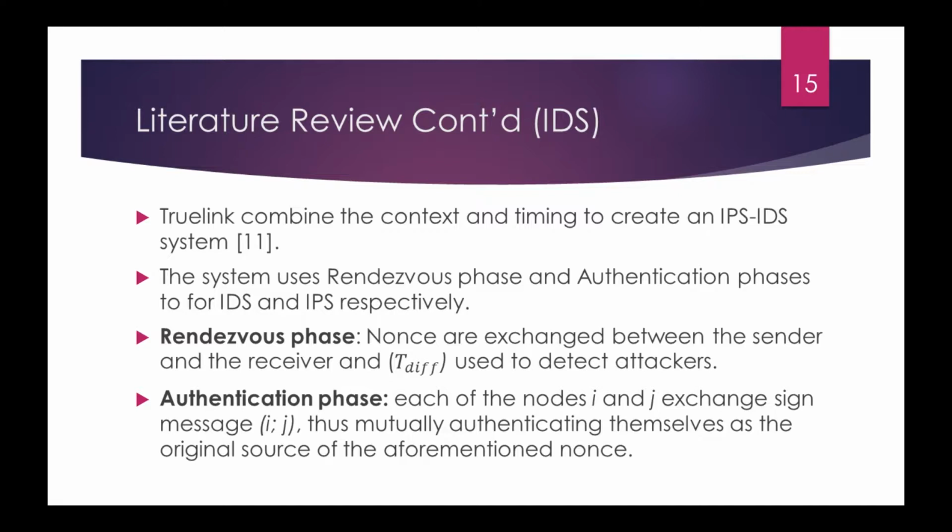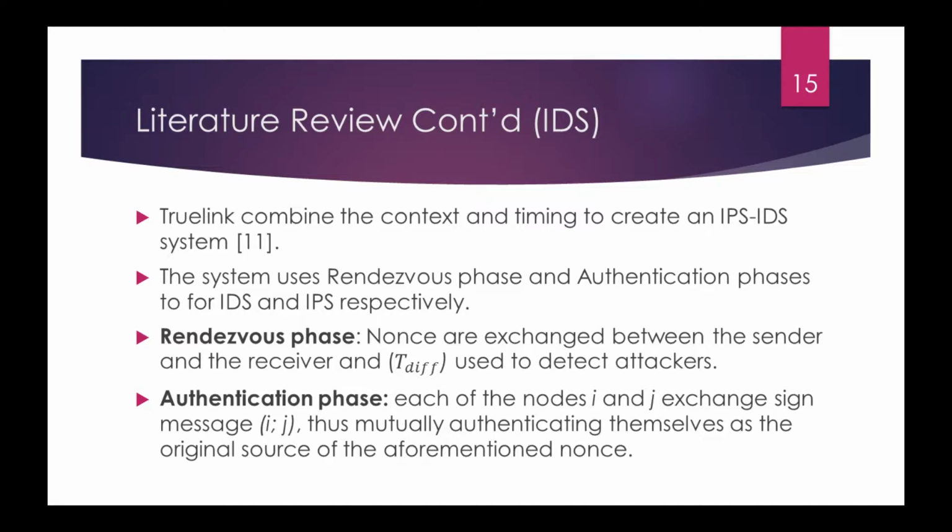The exchange has a very high time constraint, and if a node is not able to send its nonce within a certain period after receiving the nonce from the sender, it is assumed to be an attacker or a potential attacker.